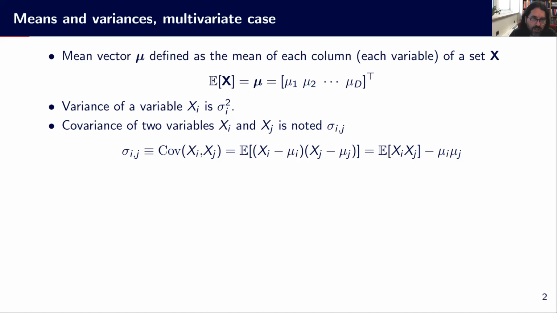This covariance is defined by this equation, which is kind of standard. We get the expectation of xi minus its mean value times xj minus the mean of variable j. And this can be simplified as the expectation of xi times xj minus the product of the mean values for each of these variables.